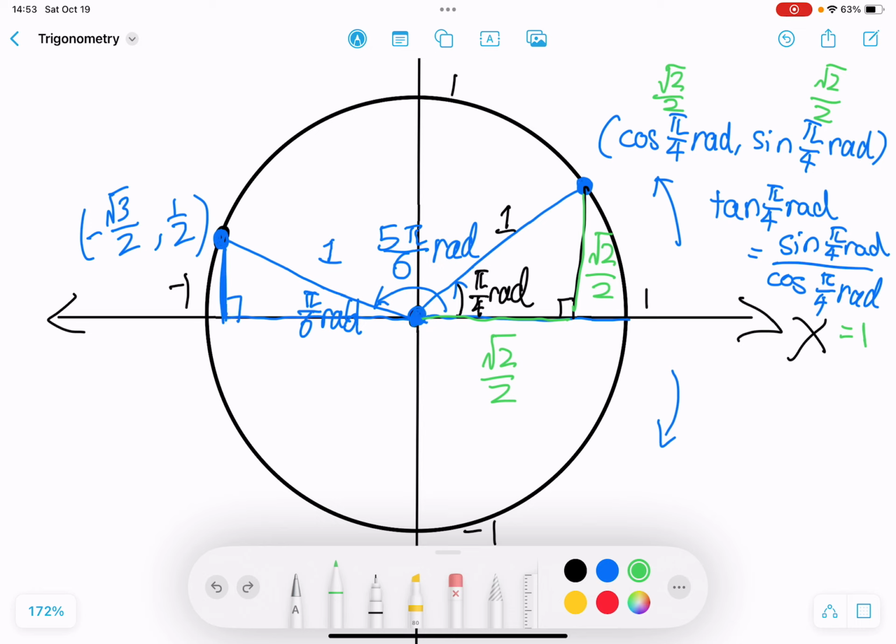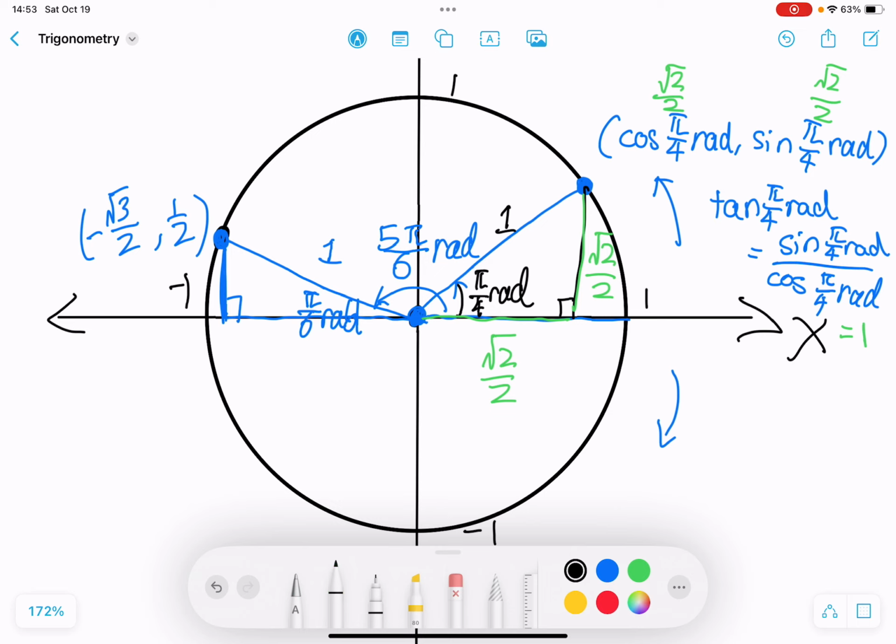And the negative indicates the direction. It's to the left. Because if this was a positive value, then the angle we're dealing with would be 30 degrees. These would be the sine cosine values of pi over 6 radians, or 30 degrees. So that's that.